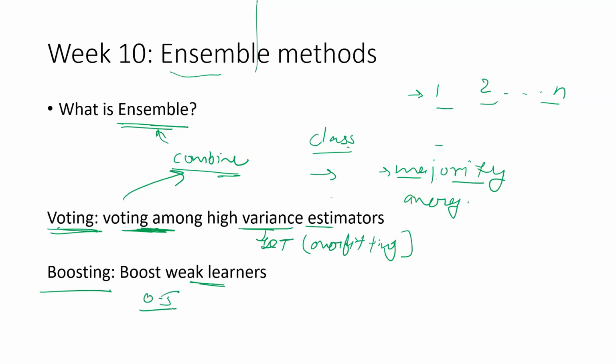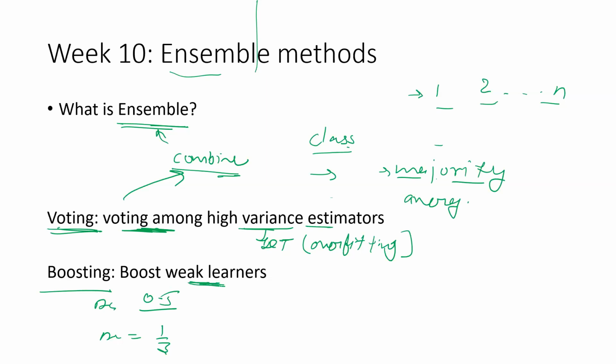If it is 3 classes, then accuracy is going to be 1/3, right? Out of 3, you are randomly giving one predicted value. So weak learners are the learners whose performance is just better than random estimators. Okay, so you boost them.